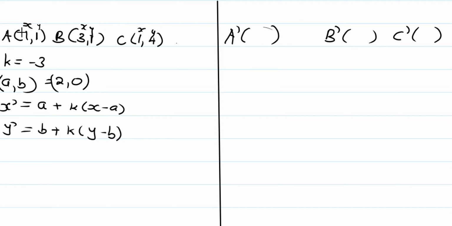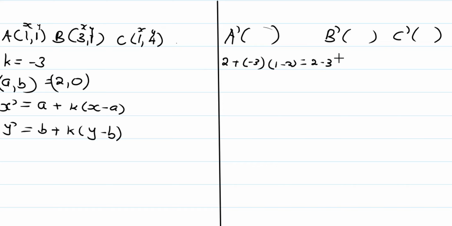For the first one, a, we already know our a is 2, so it will be 2 plus, we know our scale factor is -3, into x, but we know our x is 1, so 1 minus a, and we already know our a is 2. So when we open brackets here, it is 2 minus 3.